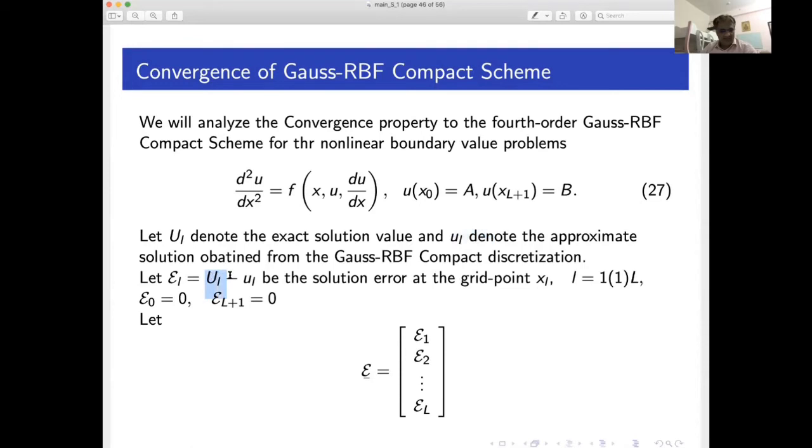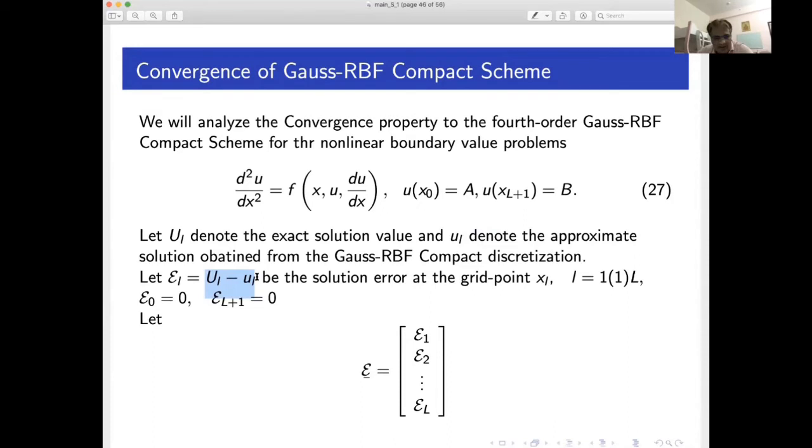There must be some difference between uppercase U and lowercase u. I have denoted it by epsilon_l. This is basically the point-wise error. You can put mod here. It is one dimension. You can put mod of uppercase U_l minus lowercase u_l.